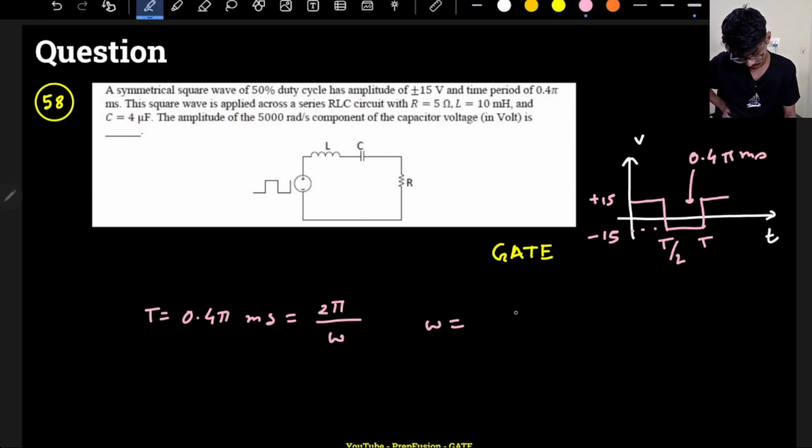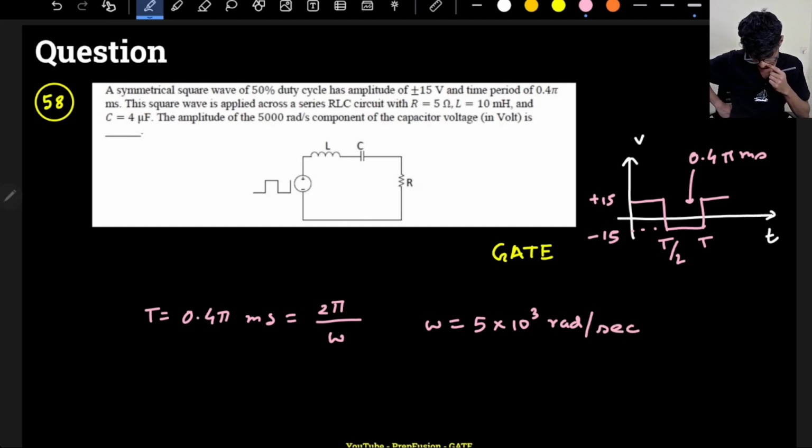This is 5, pi will get cancelled, so omega is 5000 radians per second.